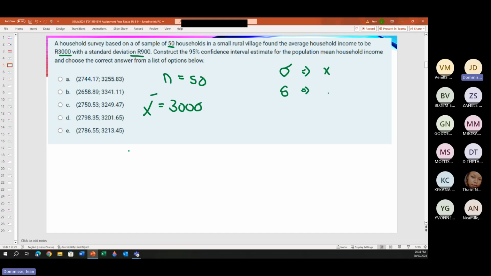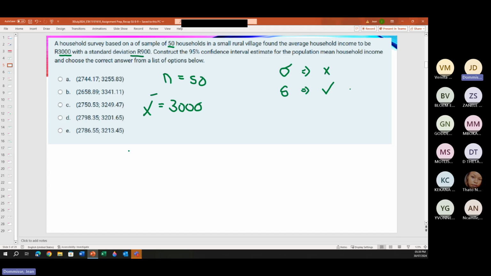So for me, we are working with the sample because they did not tell us what the population standard deviation is. They told us the average household income of those 50 households in this village. So we don't know what the population standard deviation is. So default always to sample if it is not given. Okay, so they need to tell you that we're working with a population.